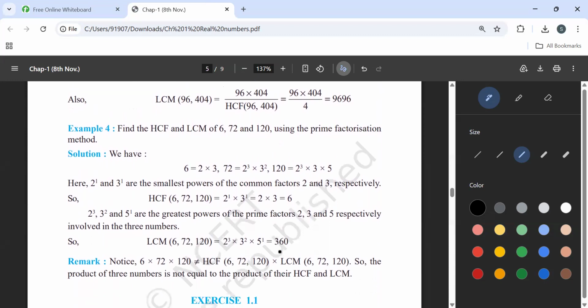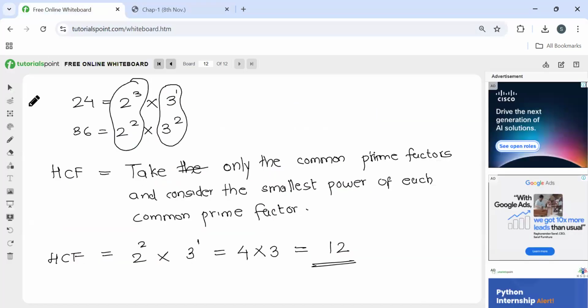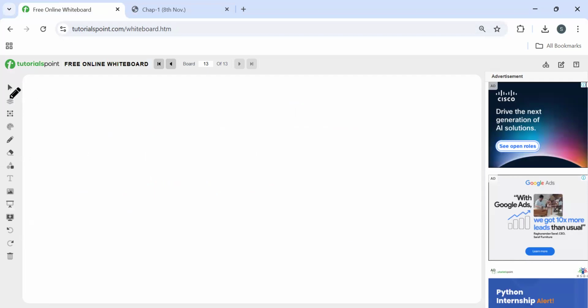Now, let's try to find out the HCF of 3 numbers, 6, 72 and 120. Okay, let's do that example as well. In order to find the HCF of 6, 72 and 120, we follow the same method. Write 6 as a product of prime factors. 6 is 2 multiplied by 3.